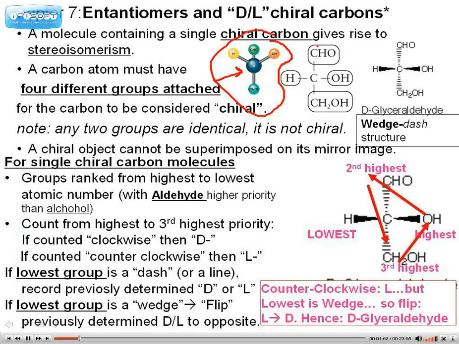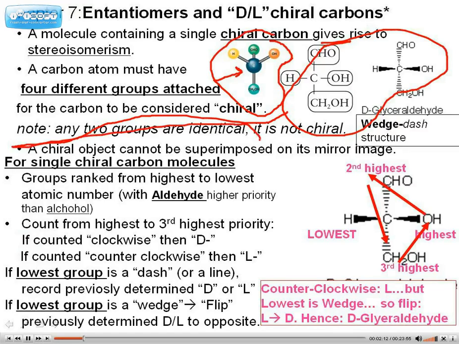So what I'm going to do is give you a wedge-dash structure or Fisher projection. So I'll give you one of these two right here, and you'll be asked to identify, is it the D enantiomer or is it the L enantiomer? These are the rules down here for explaining whether we have a D or L. But before we do this, we first need to double check that it can be an enantiomer to begin with.